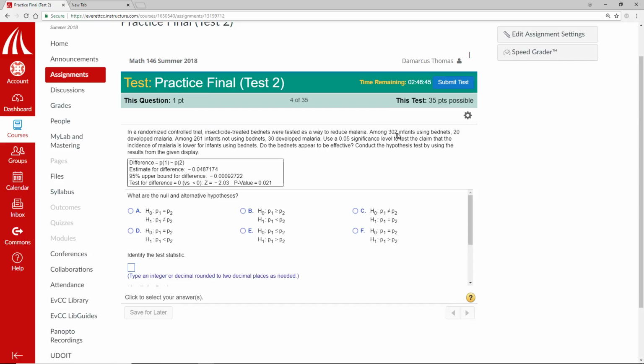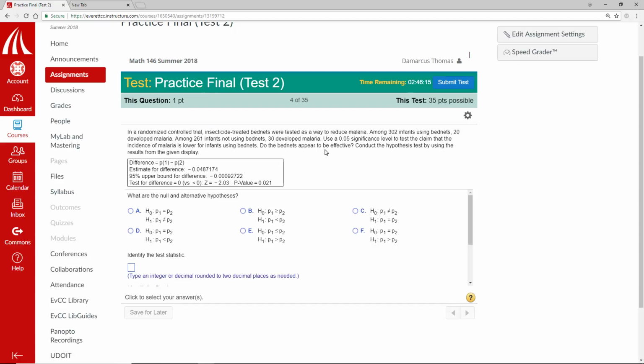Among 302 infants using bed nets, 20 developed malaria. Among 261 infants not using bed nets, 30 developed malaria. Use a 0.05 significance level to test the claim that incidence of malaria is lower for infants using bed nets. Do bed nets appear to be effective?